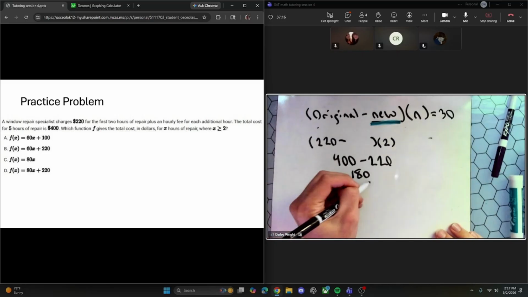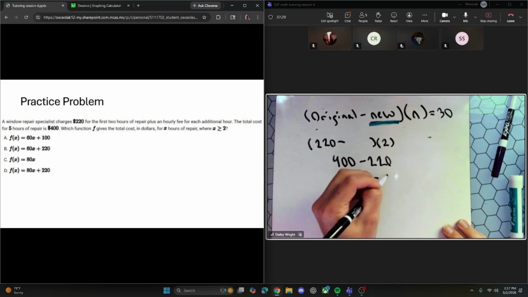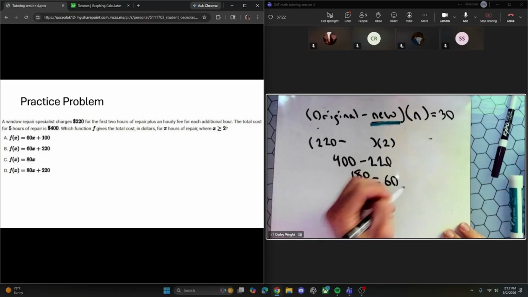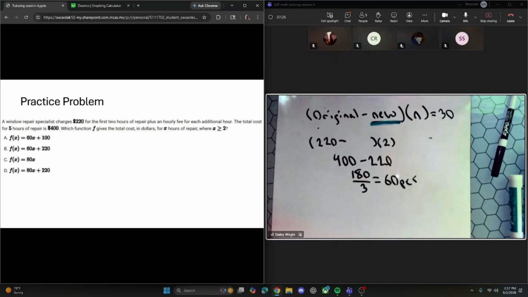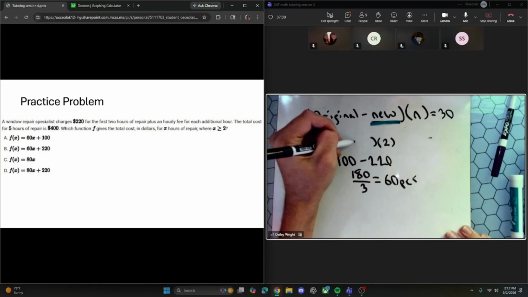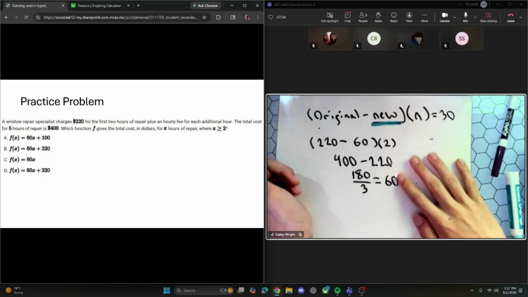That's assumed to be constant. So 180 divided by 3 is 60 per hour. So your new price after the 220 for the first 2 hours is 60 per. So you put in 60 here.